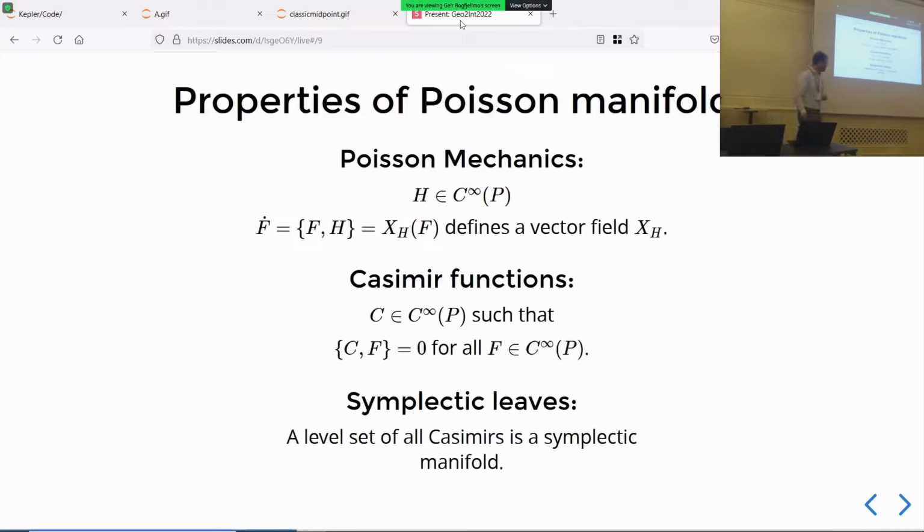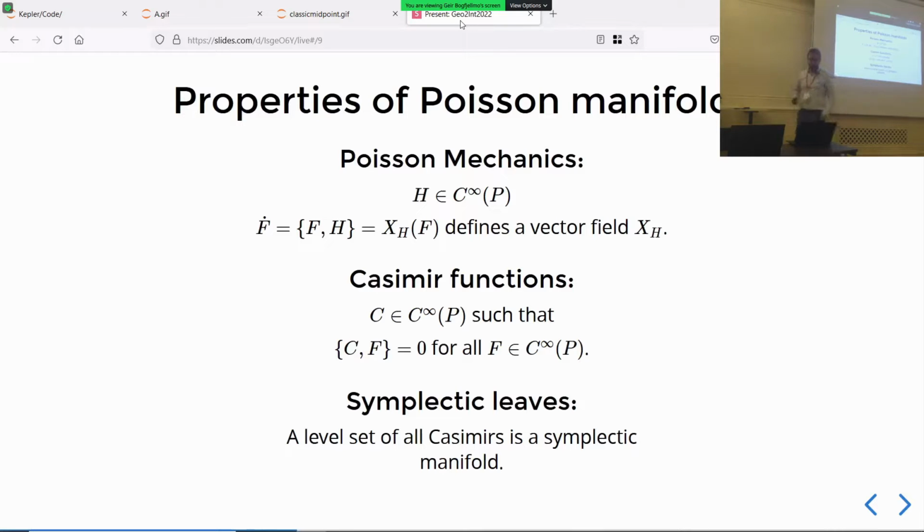When we're doing mechanics on this, there are a couple of things we need to care about. Whenever you have this Poisson bracket, if you have a Hamiltonian, then this is going to define some kind of vector field in the way that I showed earlier. You also have the Casimir functions. They occur here. It's called the center of the Lie algebra. So you will have some functions which are just killed by this bracket.